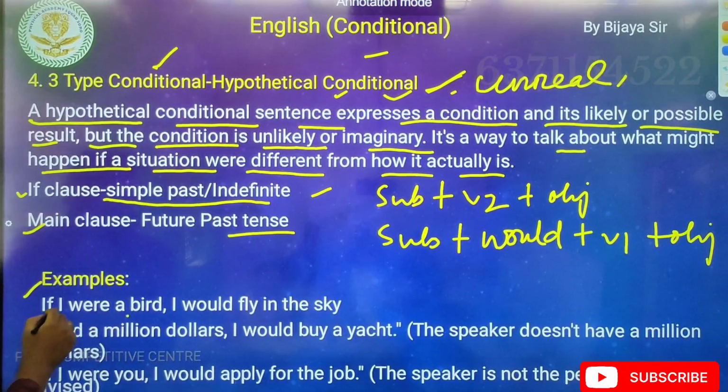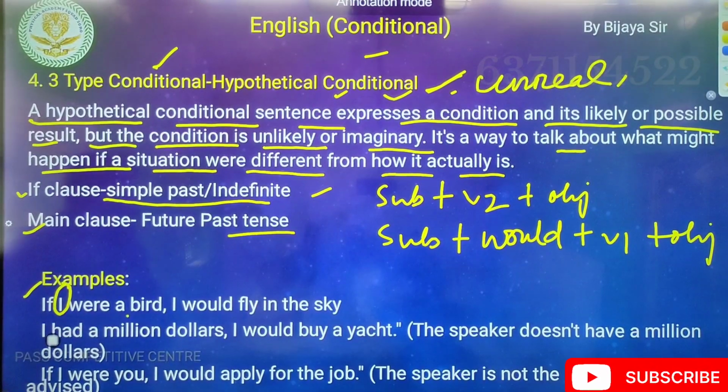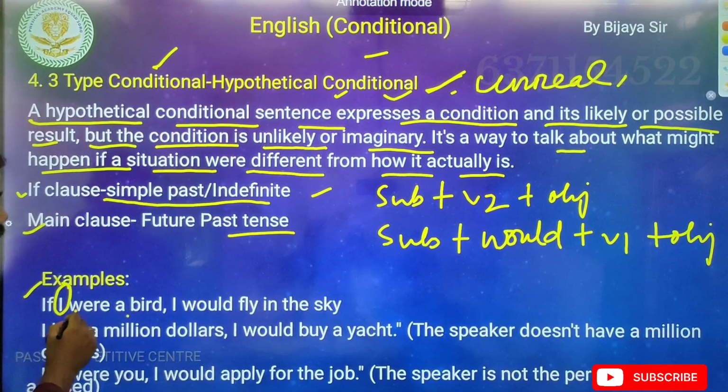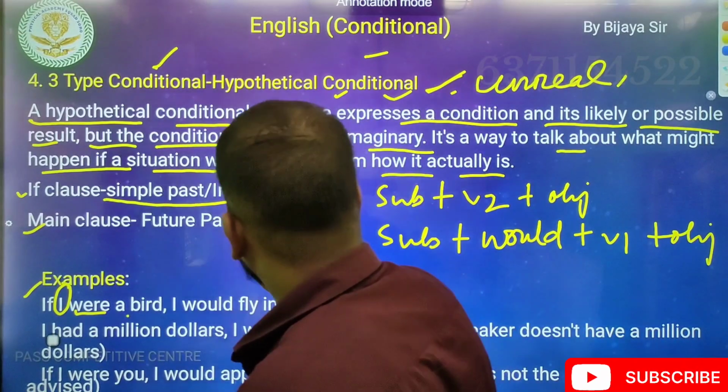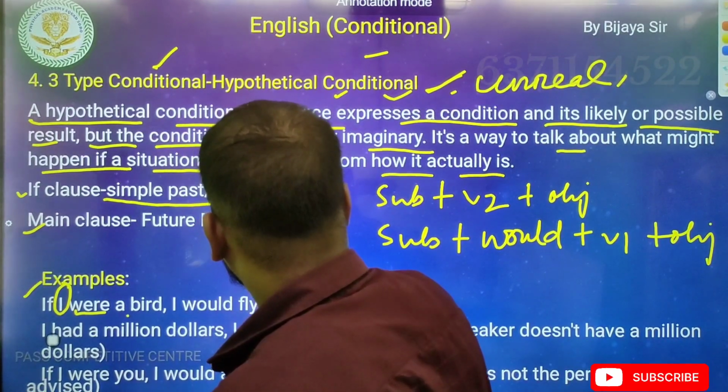If I were a bird, look at the sentence. I is the subject. If I were a bird. So why did we use were, dear students? Remember the be verbs. What are the be verbs?